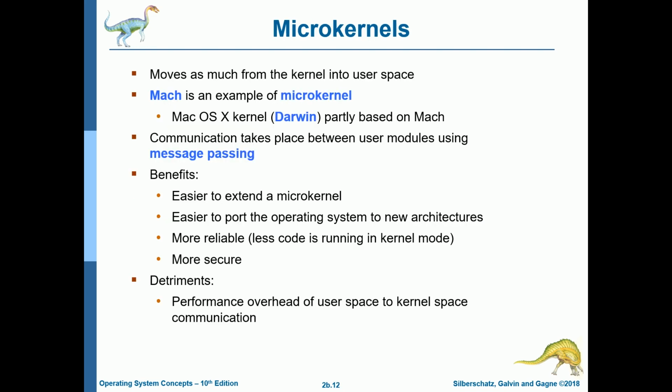Now, taking a fairly different approach, we could explore microkernels. The method for these structures basically removes all of the non-essential components from the kernel and implements those as user-level programs that reside in a separate address space. The result is a very small kernel.